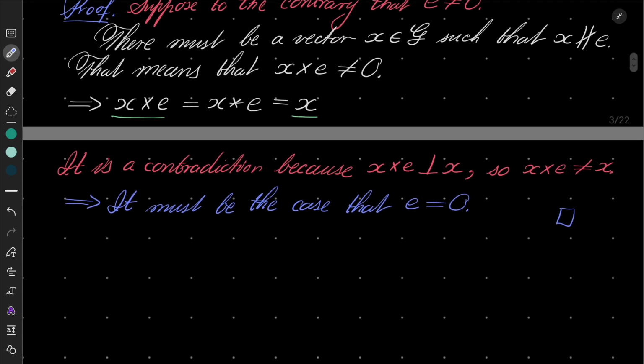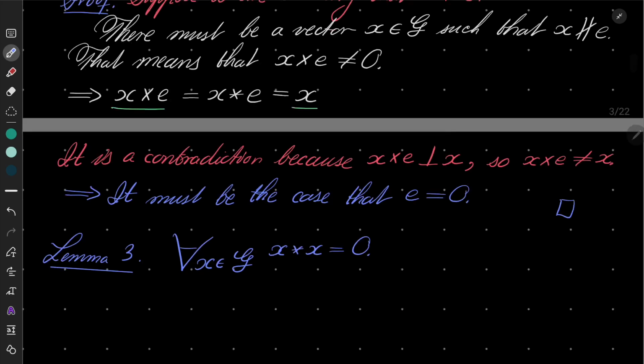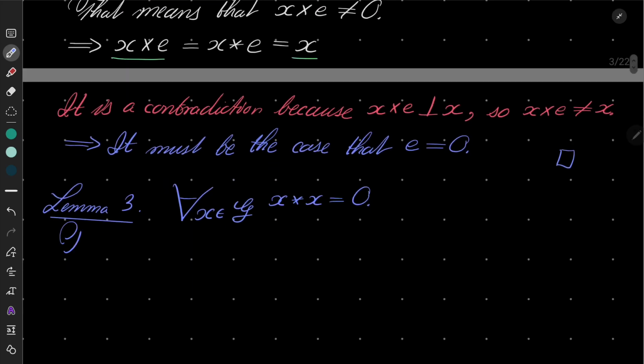And now the third and most crucial lemma, lemma number 3, says that for every vector X in our group G, X star X is in fact a 0 vector. And I will prove it.